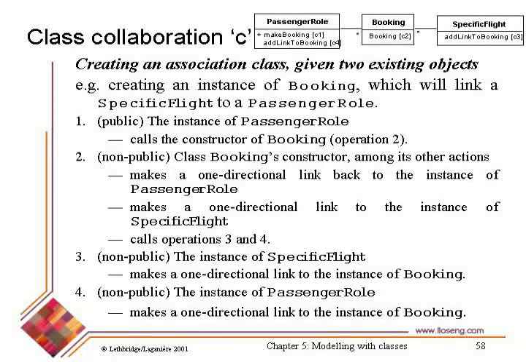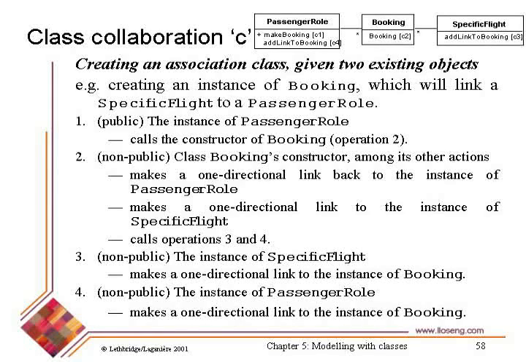The booking constructor is not public, but takes over most of the rest of the work. The booking makes a one-directional link back to passenger role, makes a one-directional link to the specific flight, and then calls the operations on either side to make the pointers.